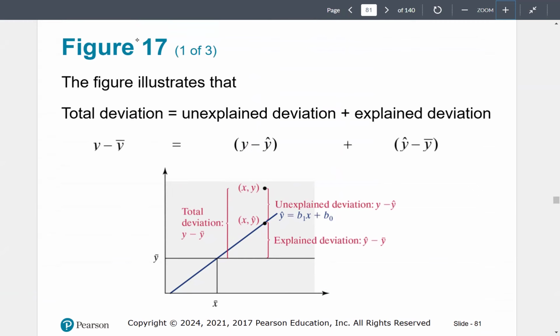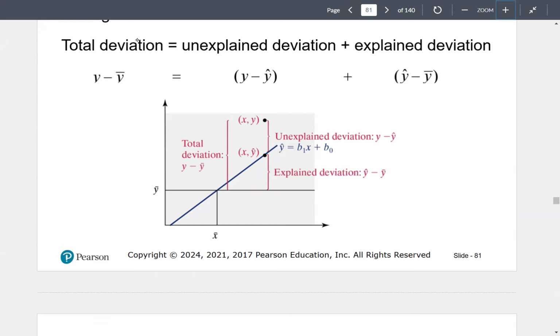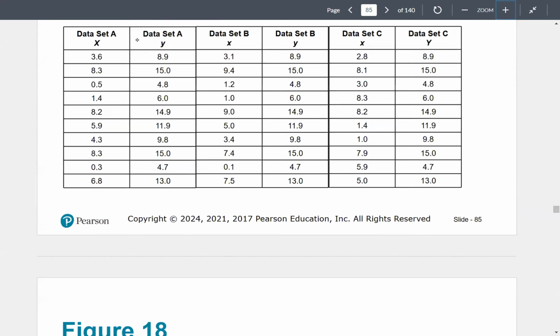The unexplained variation is the stuff above in this case, explained is below, and then our total deviation. It just gives you a picture of our data. We always square the data values because we're going to have positives and negatives here, and if we don't, the positive and negative turn into 0, which doesn't tell us anything. So we square it to make sure everything's positive. The next thing we need to look at is slide 91, but we'll get there in a sec.